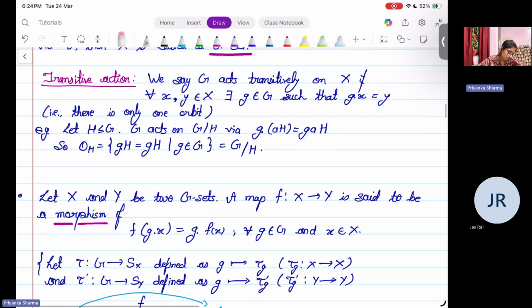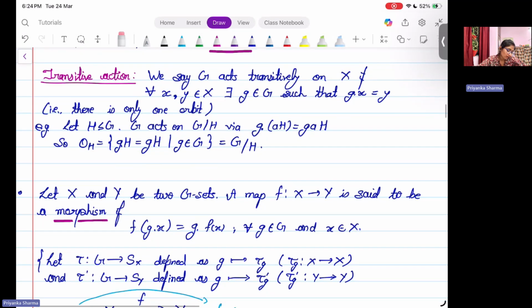Now, what is an example for this? Suppose we have a group G and a subgroup, say H, of the group G, and G is acting on the quotient G mod H via the group action defined by G dot aH equals gaH.